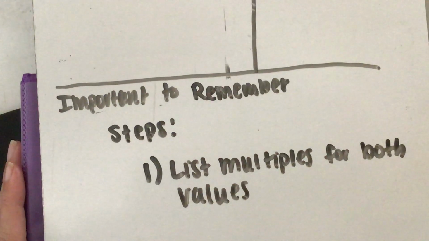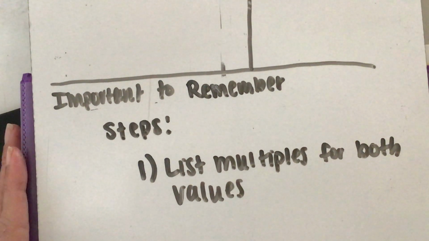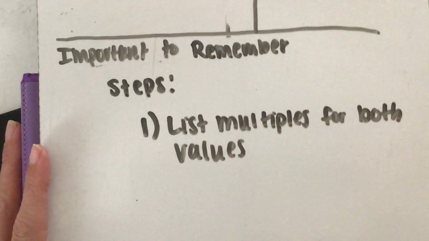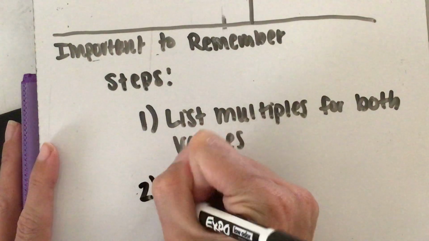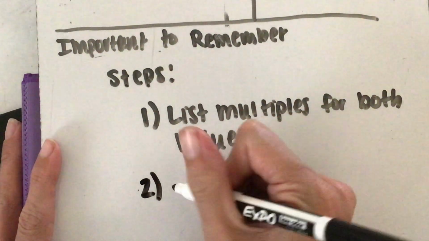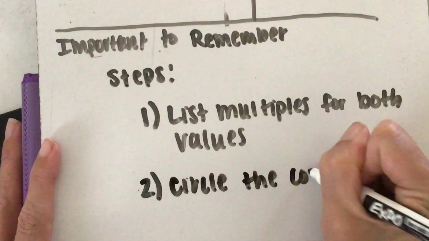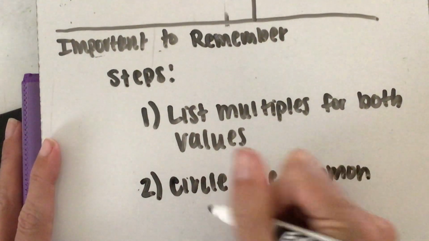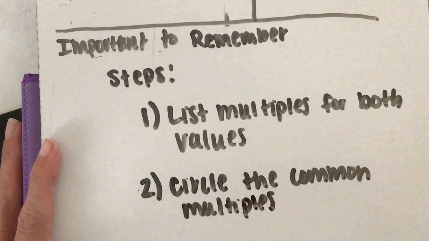Sometimes you'll have to list more multiples than I did if it takes a while to find one that they have in common. But in this case, I didn't have to list too many until that happened. Once I've done that, I can go on to step 2, which is to circle the common multiples, the ones that they both share.